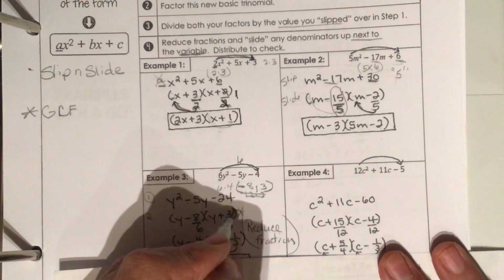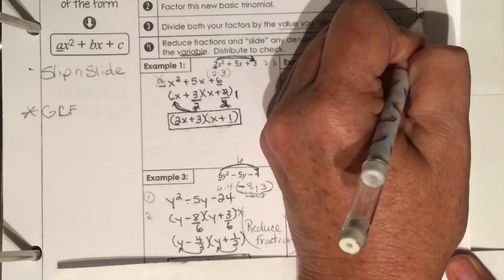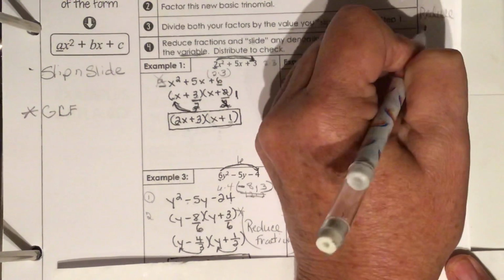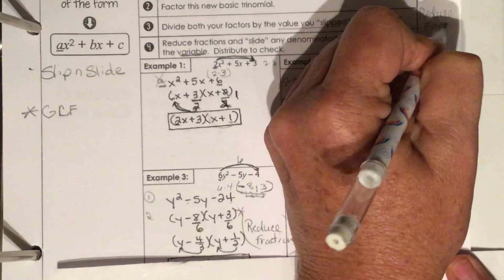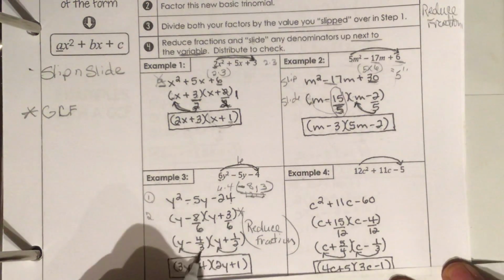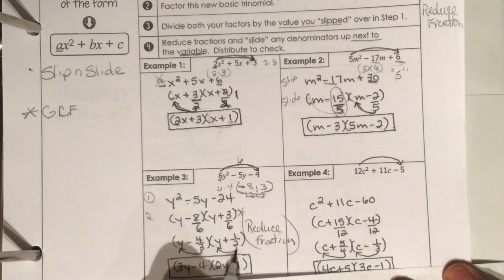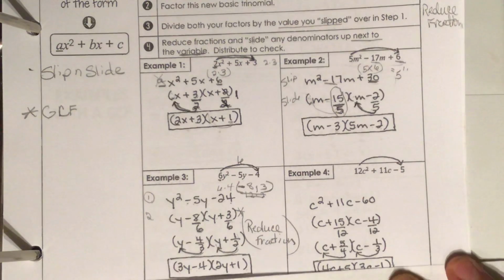I don't think that's in our steps: reduce the fraction. You always do that anyway. Then we slide. The 3 will not go into 4, so we slide the 3 over in front of the y, minus 4. We slide the 2 over the y because it will not reduce, 2y plus 1. And that is your final answer.